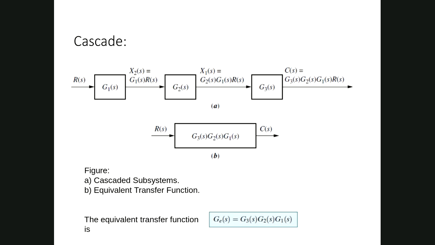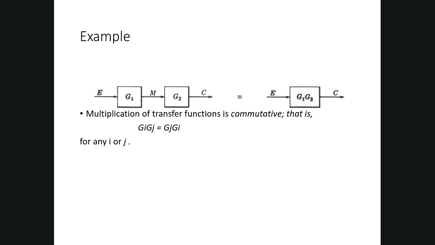Doctor, what about M? Let me go back and see M. Well, when we do that, M disappears because M is supposed to be equal to G1 times E, right? So in that system, once we connect them in this cascade, M is gone.